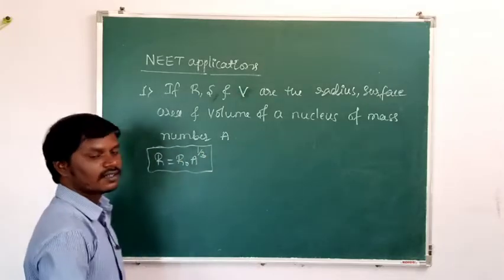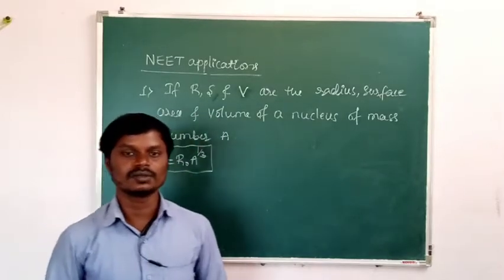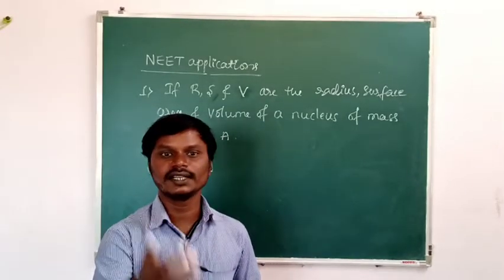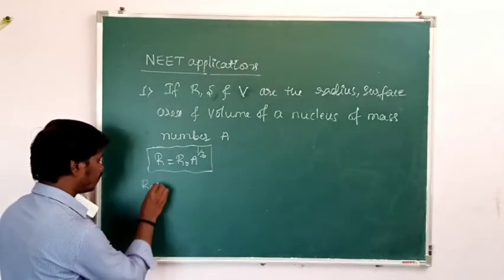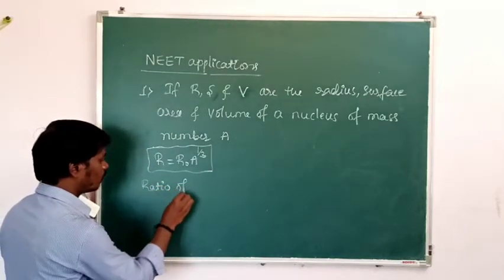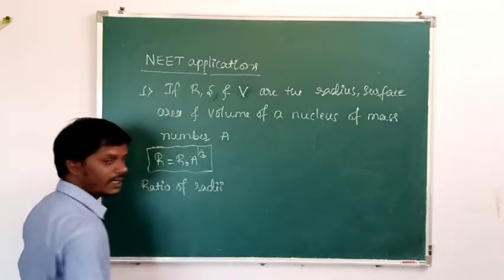Then see here, if there are two nuclei given with mass numbers A1 and A2, how to find the ratio of the radii of those two nuclei? Ratio of radii means here it is the plural form of radius.